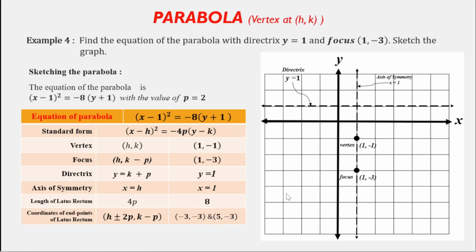As we plot the endpoints of the latus rectum, this is the graph of the latus rectum with its endpoint coordinates. As you can see, the distance between the endpoints of the latus rectum measures 8 units. Then this is the graph of the equation of the parabola (x - 1)^2 = -8(y + 1).